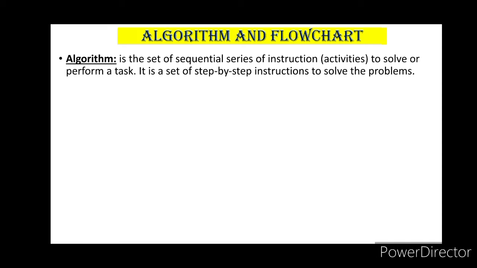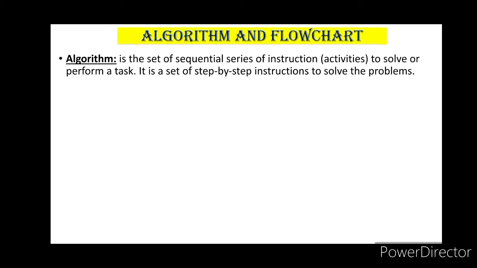So we can say it is a kind of planning where we write the different activities that can be performed one after another, a set of step by step instructions to solve that particular problem.